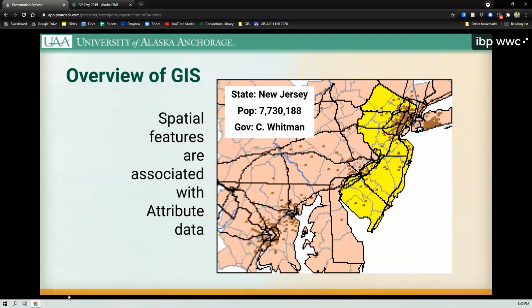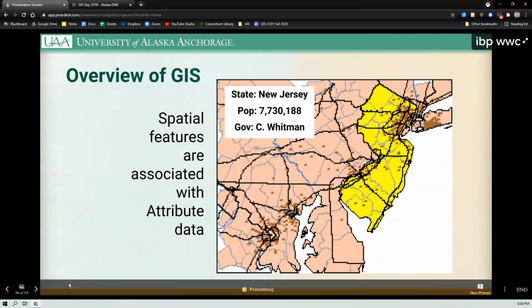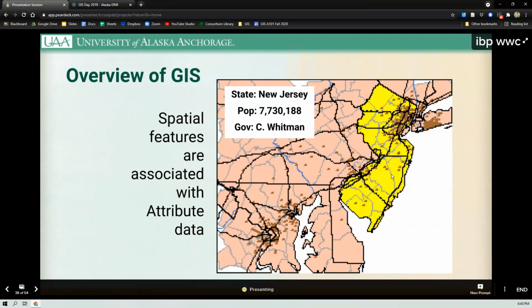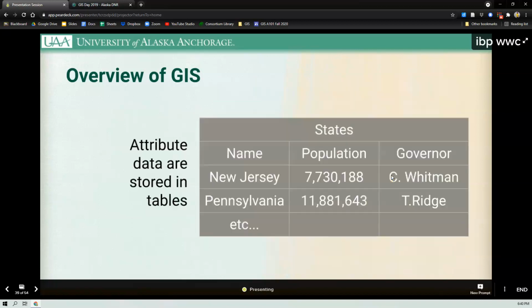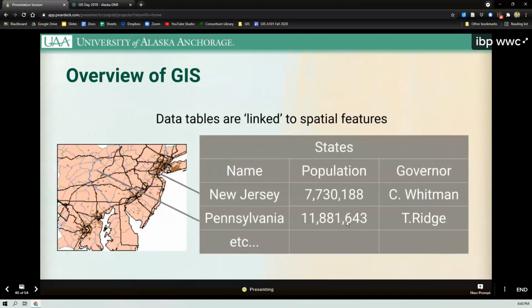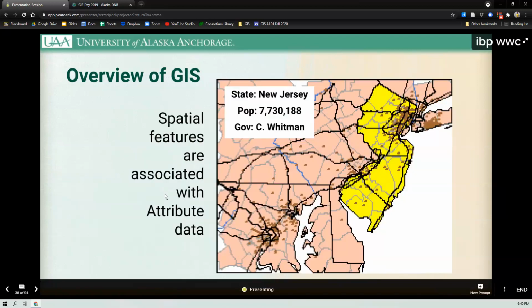So you have a state with information connected to it. So we have information that describes the state of New Jersey, but you would also have features within that area that you could attach your information to.